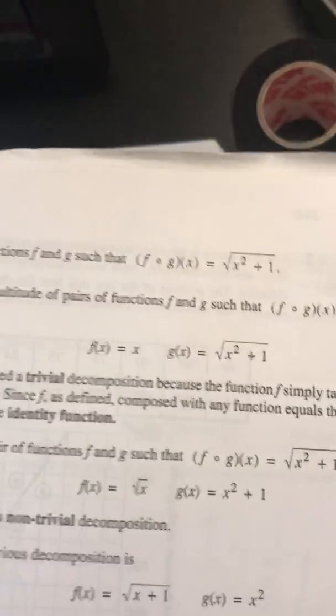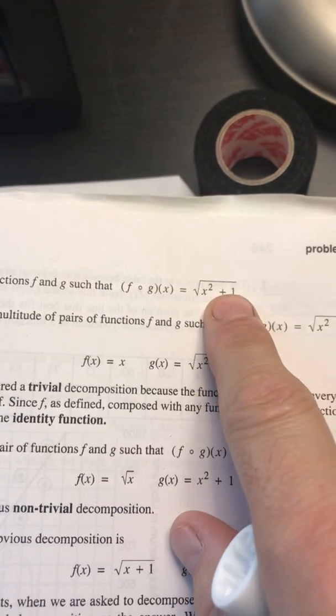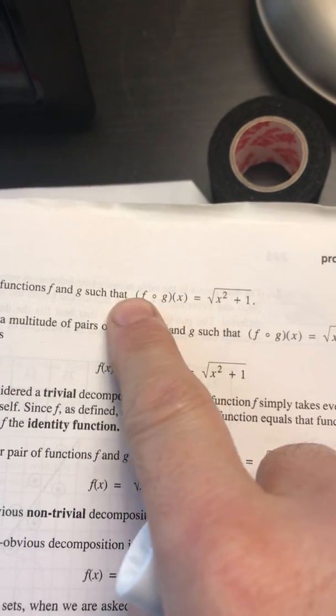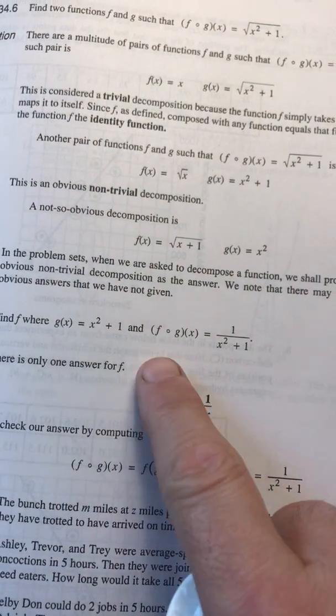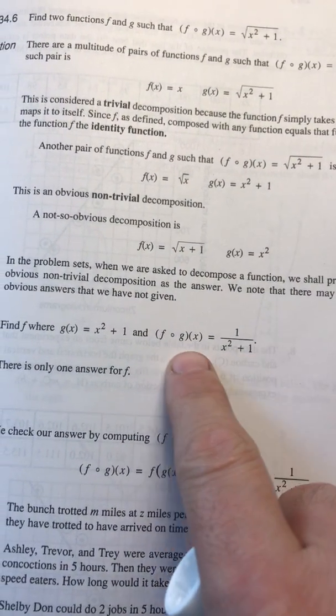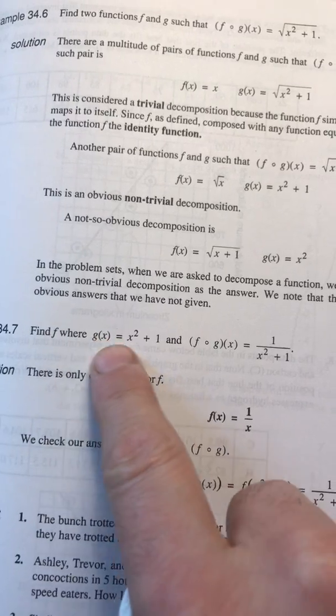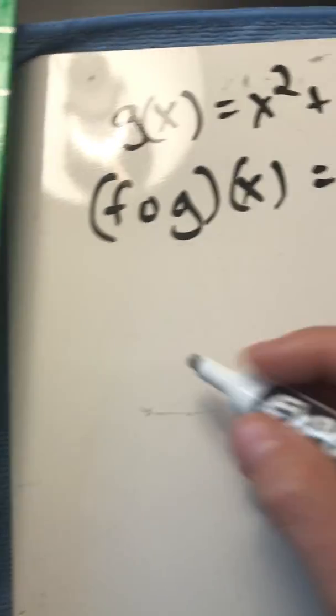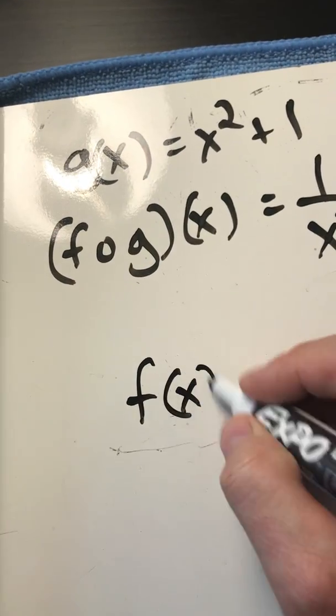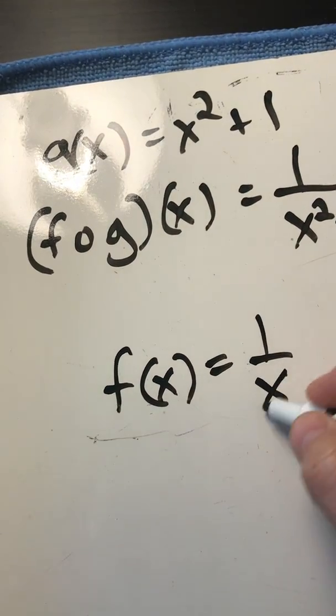In the other one, they gave you an answer and you had to find the two functions it's made up of. In this case, they give you the answer, f composed of g of x, but they also give you one of the functions. The only possibility would be that f of x equals 1 over x.